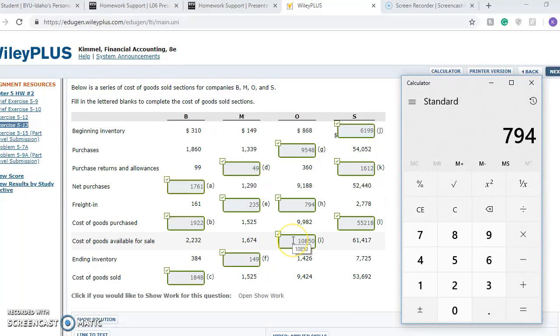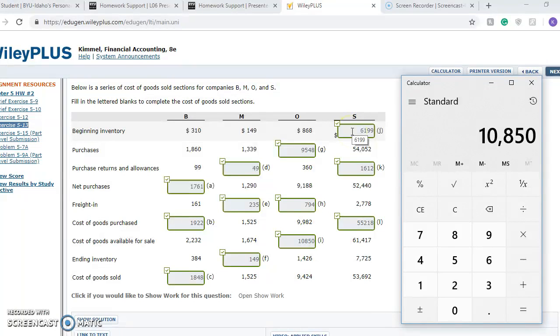And then our cost of goods available for sale less our ending inventory equals our cost of goods sold. So if we're solving for cost of goods available for sale, we take our cost of goods sold, 9,424, and add our ending inventory of 1,426, and we'll get our cost of goods available for sale.